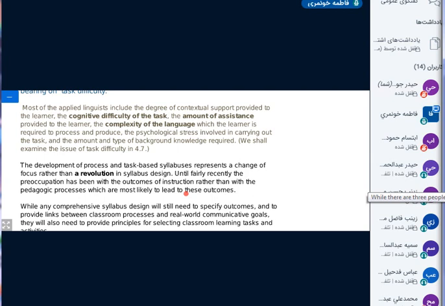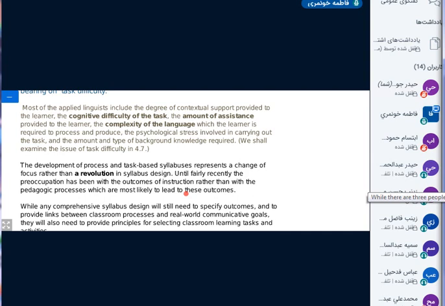The second one is the cognitive difficulty of the task. You see, there should be a match between the cognitive difficulty of the task and the level of the cognition of the learners. Something which is beyond their current cognitive level makes the performance of the task quite difficult, as you can imagine.